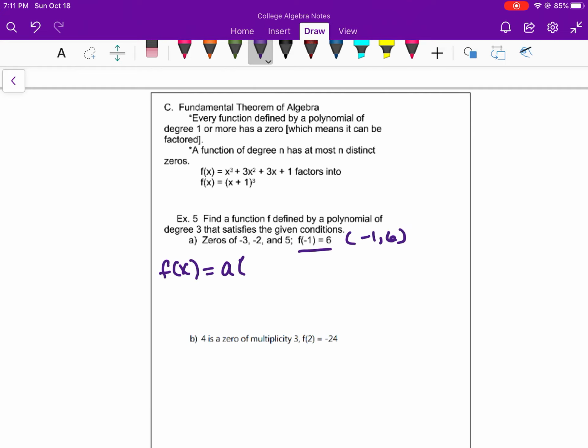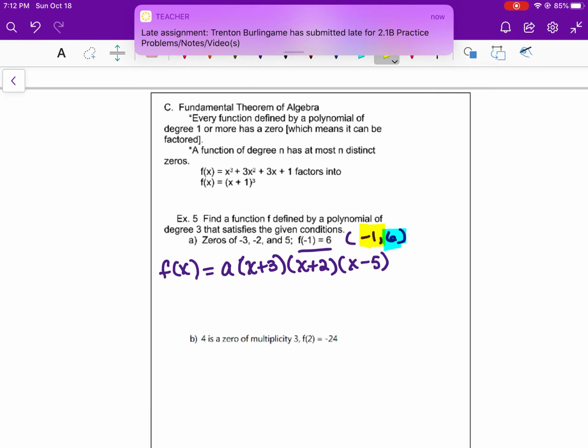For each zero, we're going to have a factor. So for -3, we'll have x plus 3. For -2, we'll have x plus 2. For 5, we'll have x minus 5. Okay, before we go any further, you're going to plug in the 6 for your y and the -1 for your x.